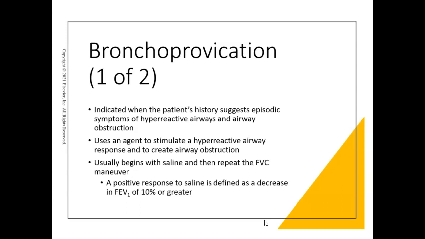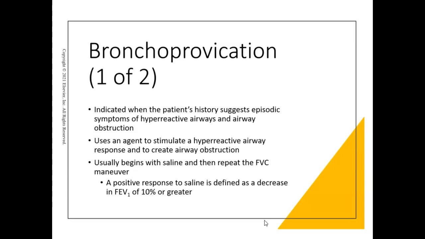So I'm going to start off with the patient's baseline. I'm going to make sure that there's no obstruction shown on their baseline. If the patient's already obstructed on their baseline spirometry, then I'm going to call the doctor and say, we don't need to do the bronchoprovocation test because they're already obstructed. I'm not going to give them this and make it worse.